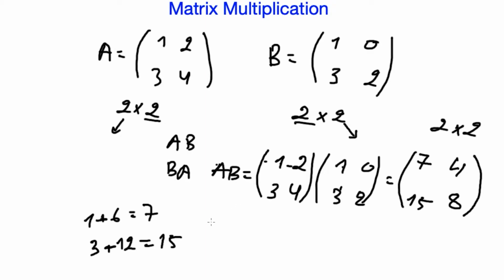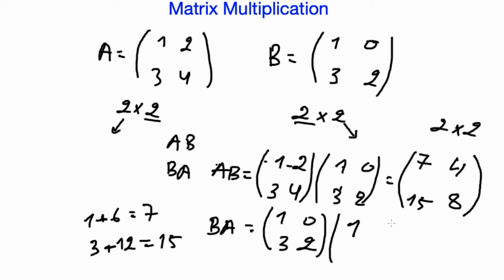To compute BA, we will write the matrix B, which is 1, 0, 3, 2, times the matrix A, which is 1, 2, 3, 4.